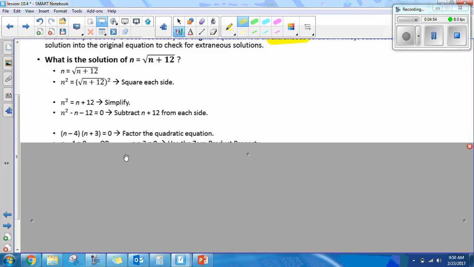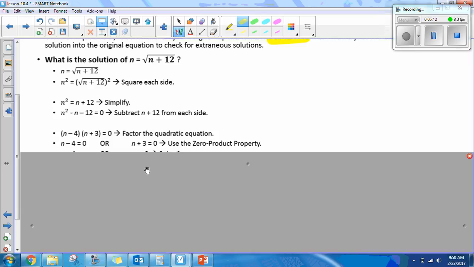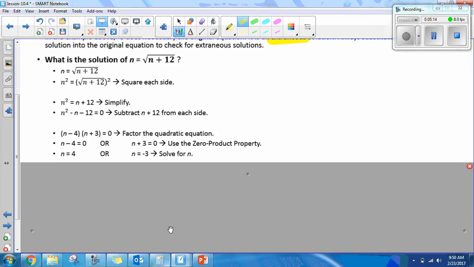We can factor this quadratic equation and rewrite it as the quantity n minus 4 times the quantity n plus 3 equals 0. Using the zero product property, we set n minus 4 equal to 0, or n plus 3 equals 0. We solve for n, and we get n equals 4, or n equals negative 3.